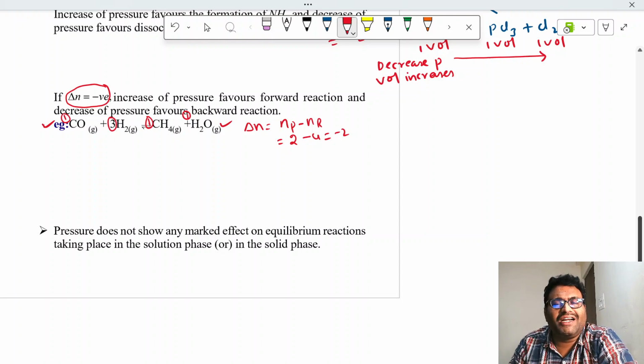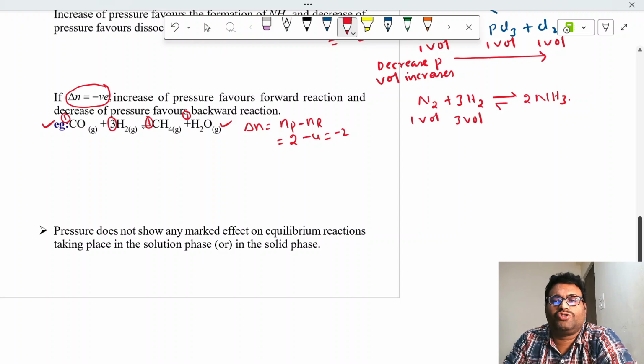If you want to understand in detail, let us see this also. When delta n is negative, now we have seen that N2 plus 3H2 gives rise to 2NH3. Here 1 volume, 3 volumes, 2 volumes.